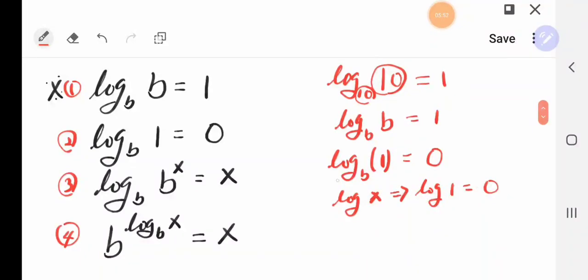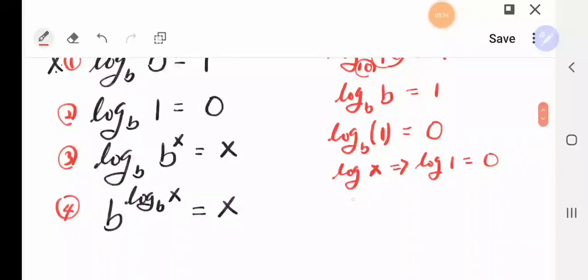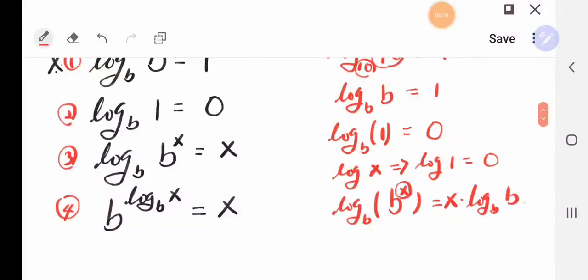Number 3 is also really simple. Here's the log base b, and inside the logarithm is an exponential form whose base is b and the exponent is x. You can take this exponent to the front, so x times logarithm base b of b.